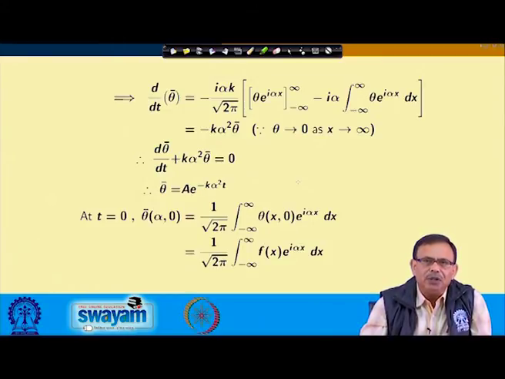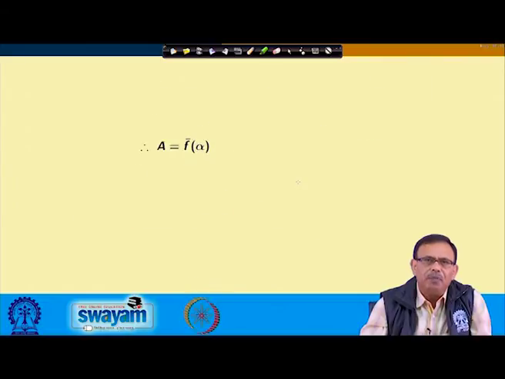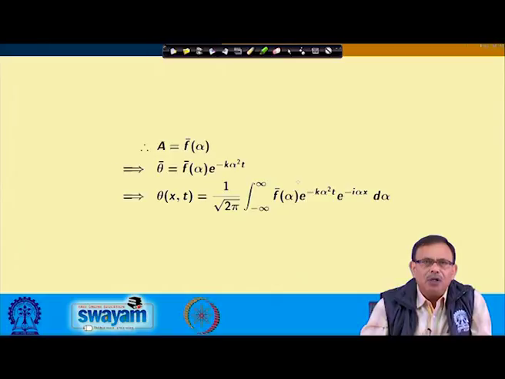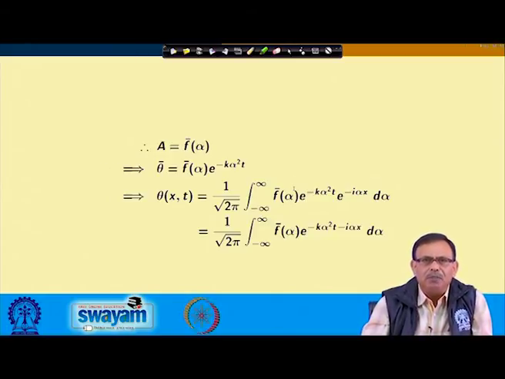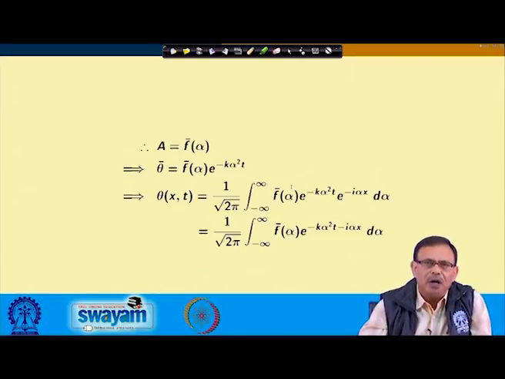Theta x 0 is known as f x, so I will obtain this, and this is nothing but f bar alpha, the Fourier transform of the function f x. Therefore, the value of a will be f bar alpha, and once I obtain f bar alpha, I can find theta bar equals f bar alpha into the e power function. So, theta x t I can write down as an integral like this, with f bar alpha into e power this function. And once I know f bar alpha, I can tell the value of theta x t.